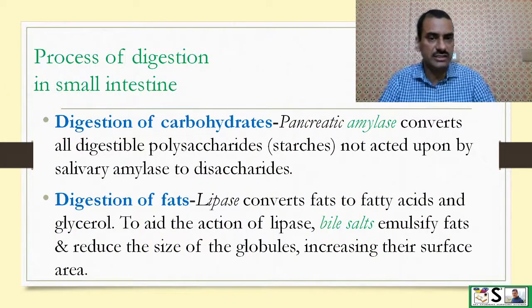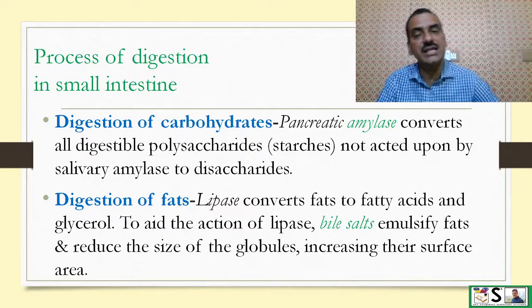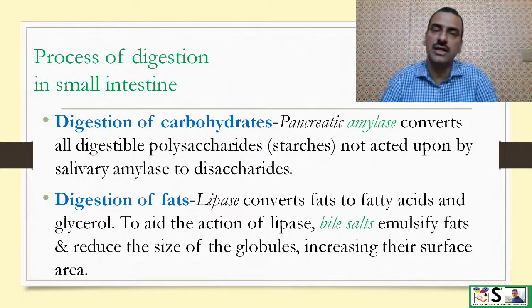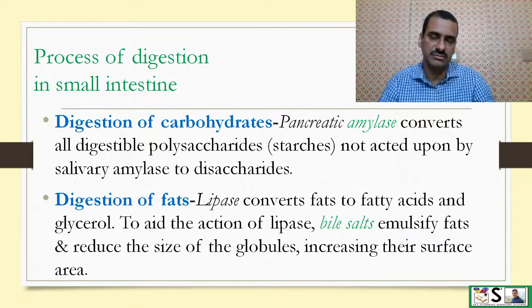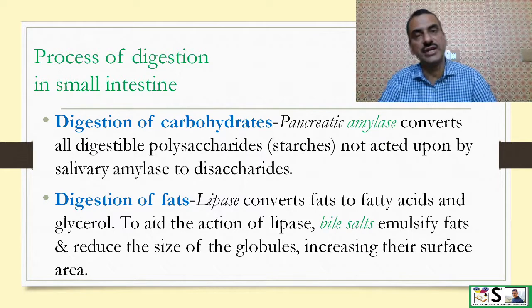Digestion of carbohydrate by this pancreatic juice. Pancreatic amylase converts all digestible polysaccharides that are not acted upon by salivary amylase, or are spared during that process, to disaccharides. Digestion of fat. Lipase enzyme of pancreatic juice converts fat to fatty acids and glycerol.